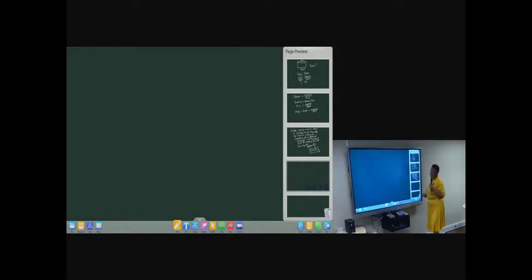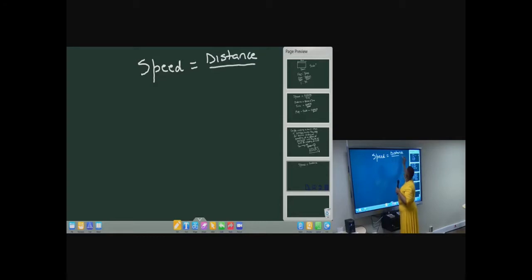Then, the way you solve your problem, the first thing is you write the given formula. You do not change a given formula. You write it as it is: speed is equal to distance divided by time. Speed has been given, so you go and substitute.